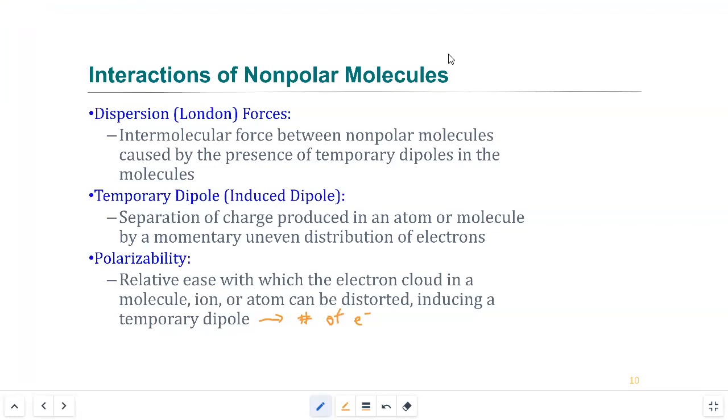First of them is number of electrons. The more students I add into this room, the more likely it is from a probability standpoint that I'll have even the slightest distortion at any one given moment.